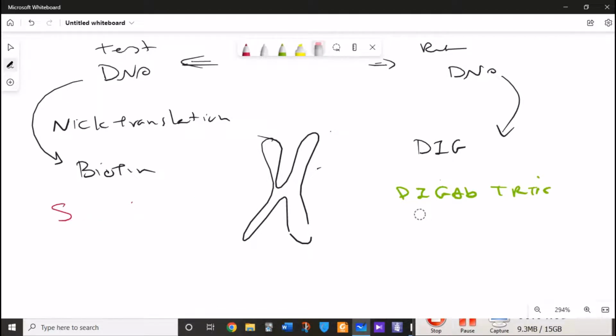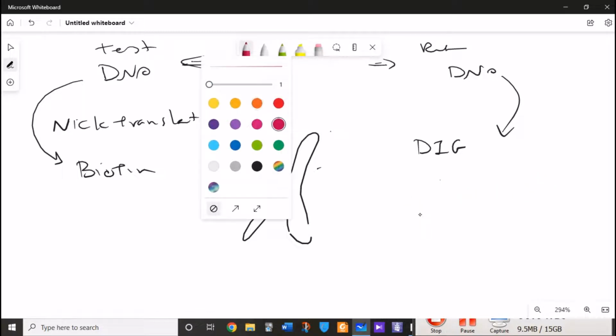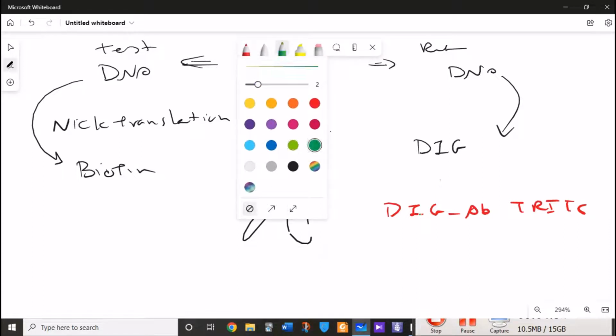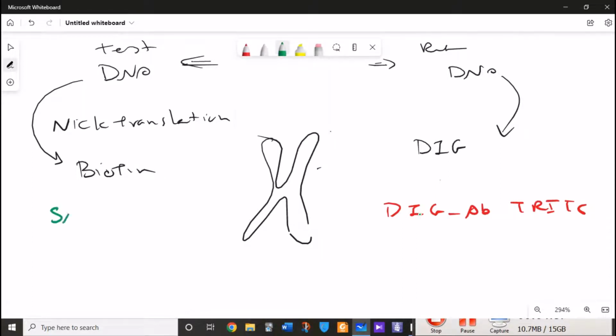If I want to use the exact fluorescence dyes, I should use the red one for the reference DNA, digoxigenin antibody labeled by a red dye, and streptavidin labeled by a green dye for the test DNA.